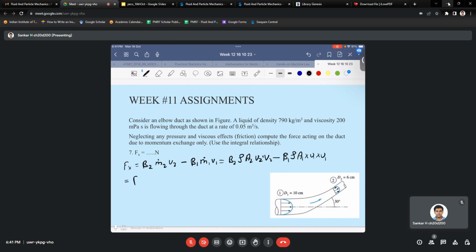So we can write this as beta rho A2 V2 square minus beta 1 rho A1 V1 square. Oh, sorry, there is cos theta associated with this, because this is the cosine component of the force that we are dealing with here.